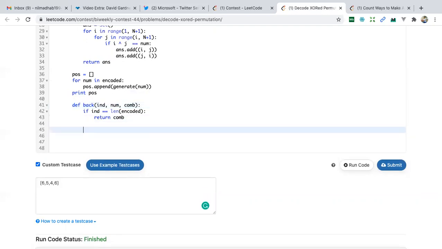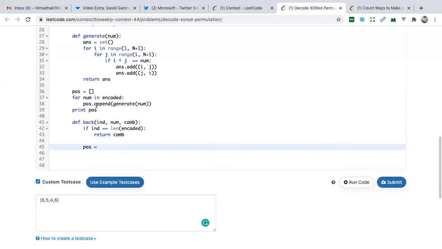So if number, if not, possibility will be, we have this position, right? Possible, possibility index.